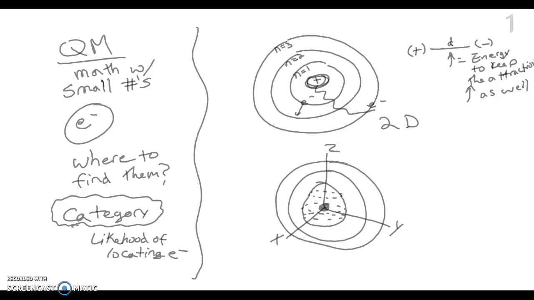Instead of using circles, we're going to use spheres. Spheres show a different little area for the location of the electron. So we can move an electron from, say, the first sphere to the second sphere by adding energy. As you add energy in, we can move electrons up to different levels. So this is what we consider an orbital.